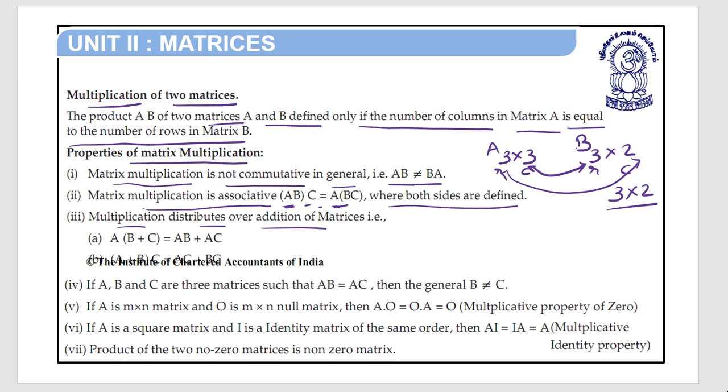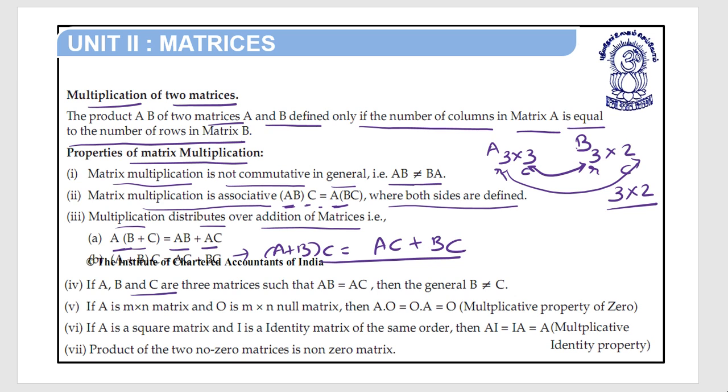Multiplication distributes over addition of matrices. A into B plus C is equal to AB plus AC. Here, A plus B into C is equal to AC plus BC.